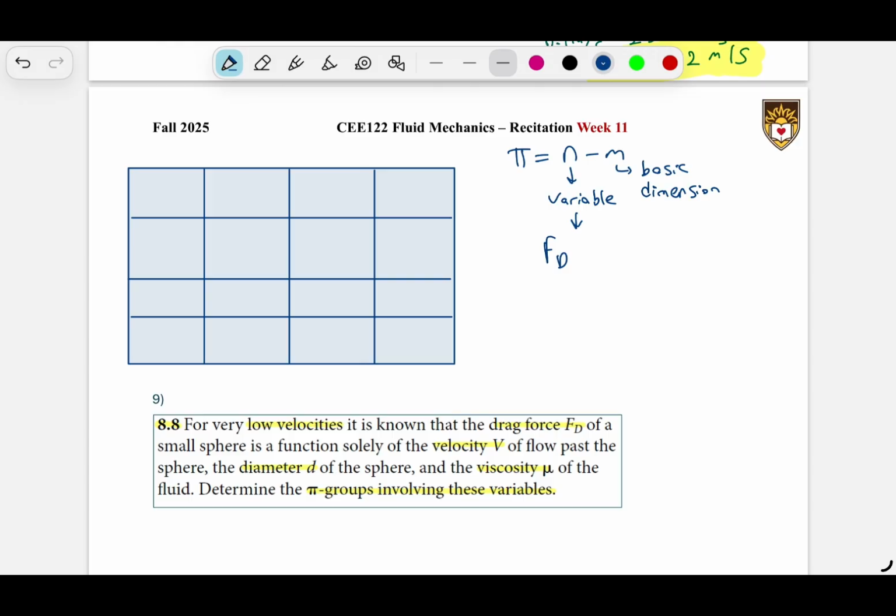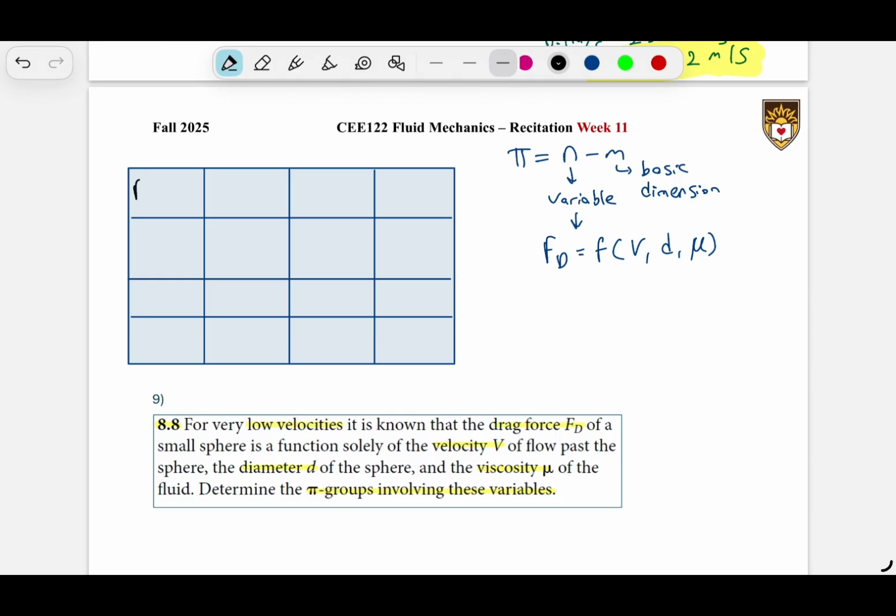We have drag force as a function of velocity, diameter, and viscosity. If you write all of them, I think from your lectures' last slide, yes, you can find the dimensions of these properties.